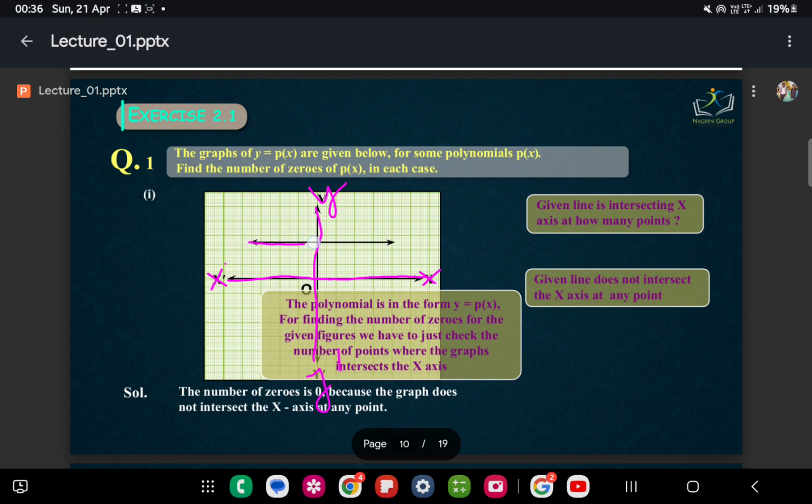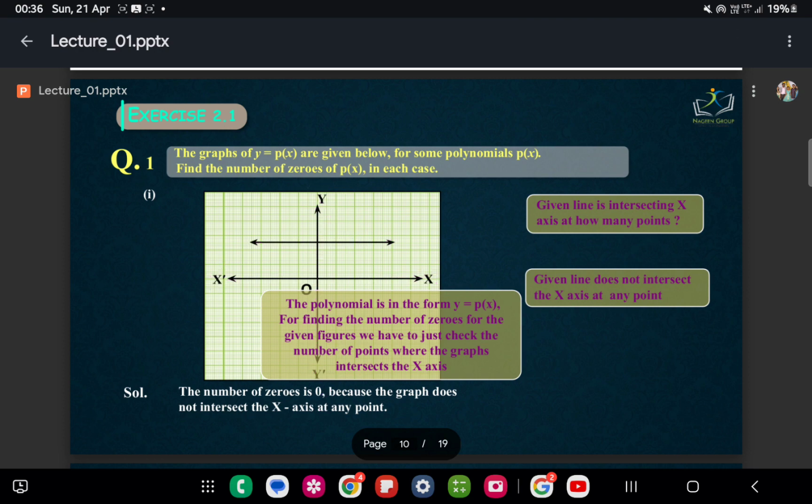Here one line has been drawn parallel to the x and x dash, on the y part. So the parallel line is not touching the x-axis anywhere. So zeros of the polynomial do not exist, or we can't get any zeros of the polynomial.